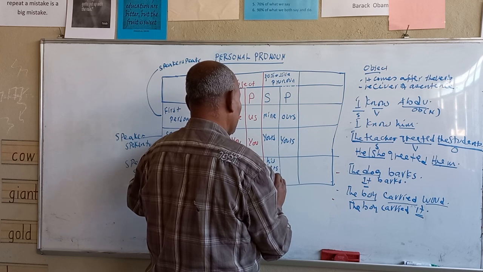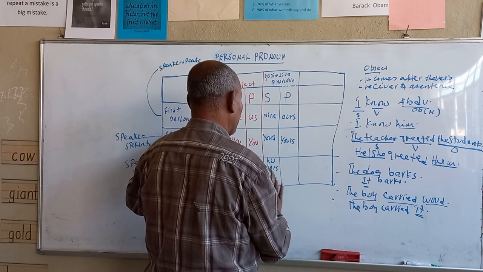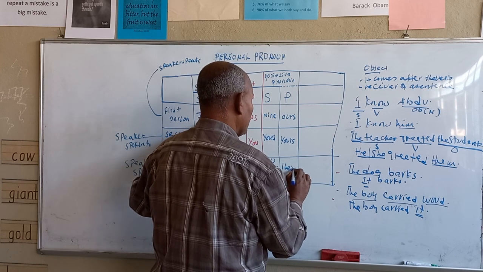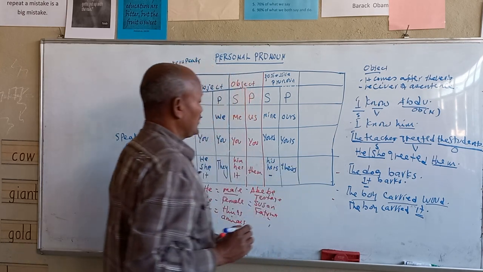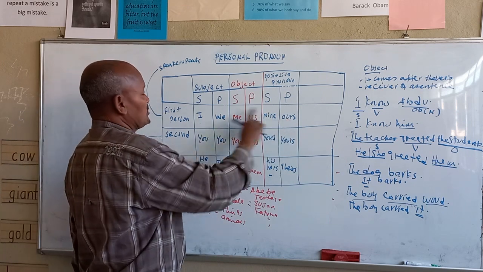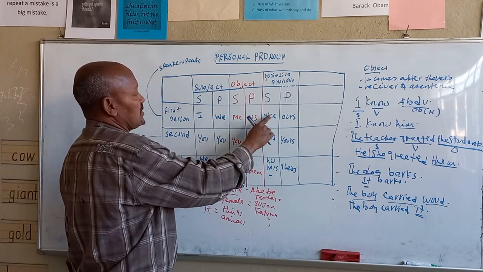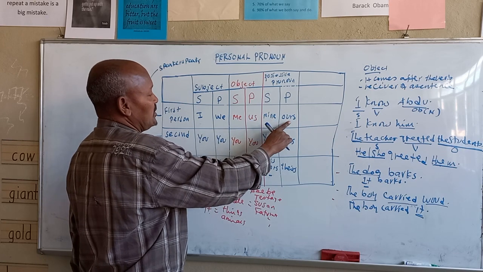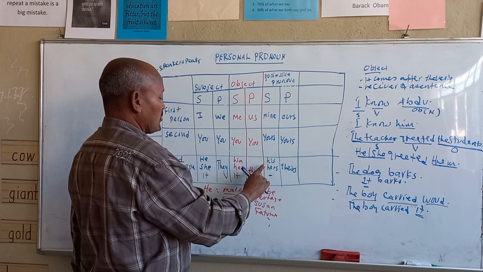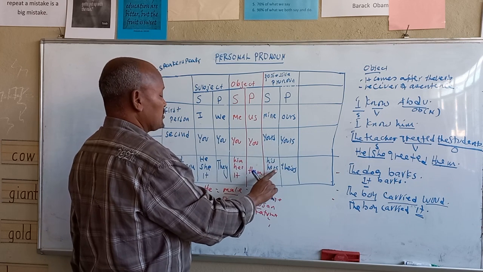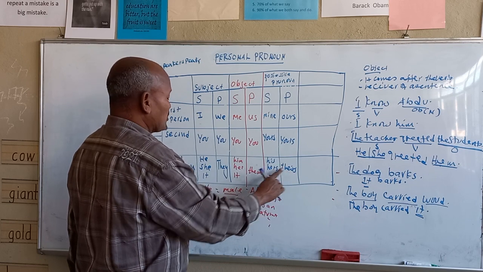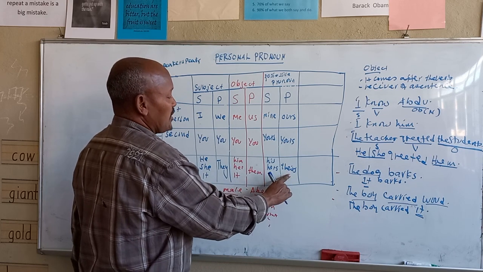It doesn't have any possessive pronoun, and this one is theirs. Look here, the form is different: mine, ours. You, yours, the same form. His, hers. It doesn't have any possessive pronoun, and the possessive pronoun form of them is theirs.